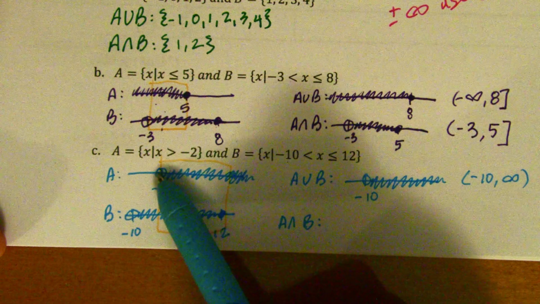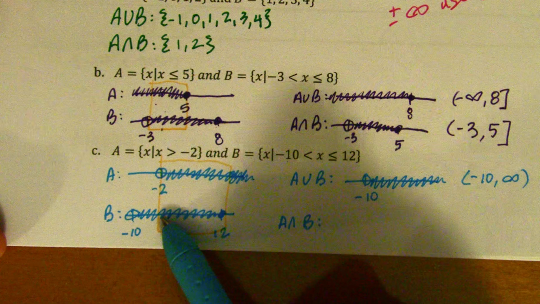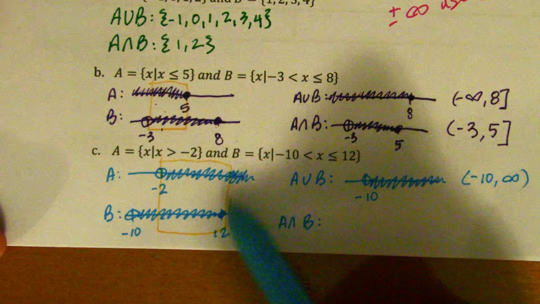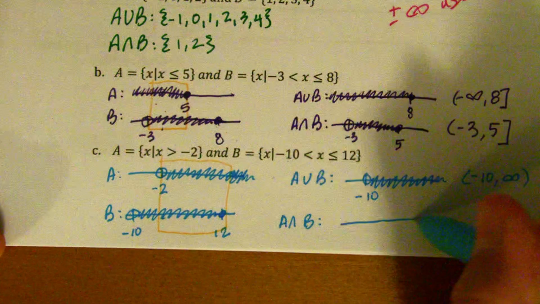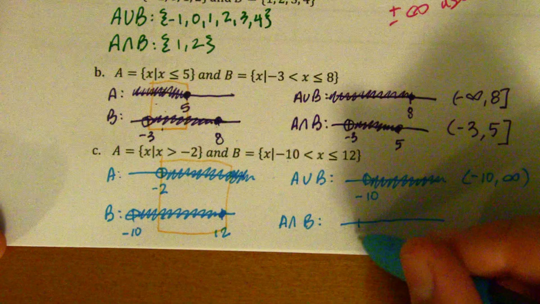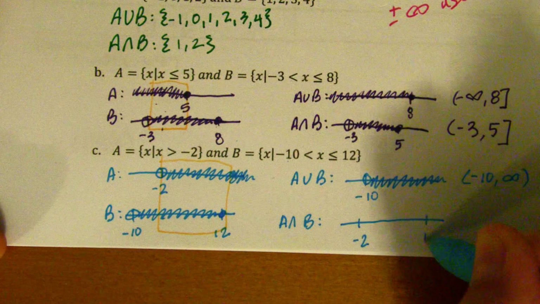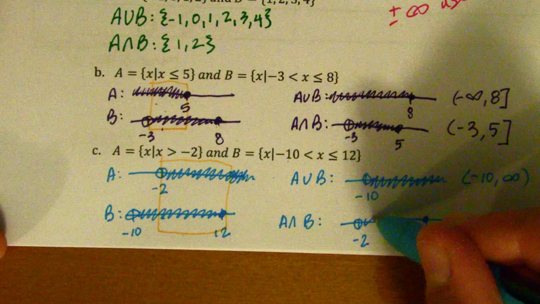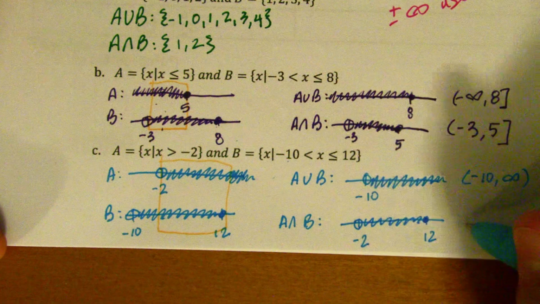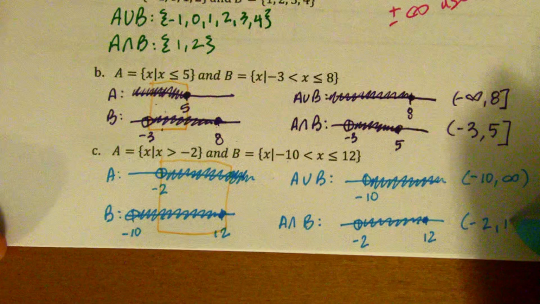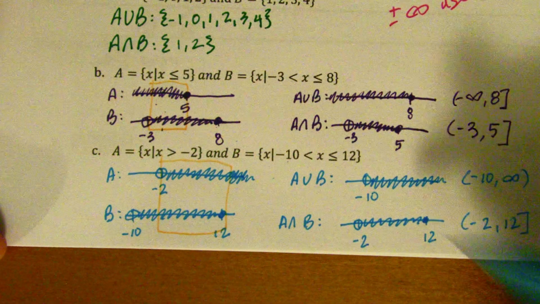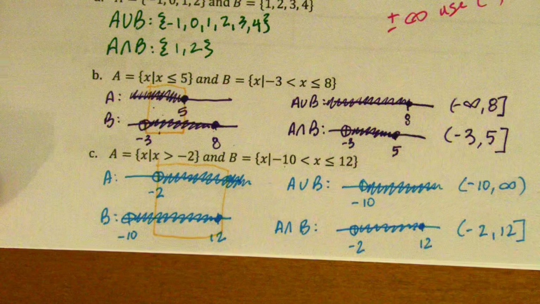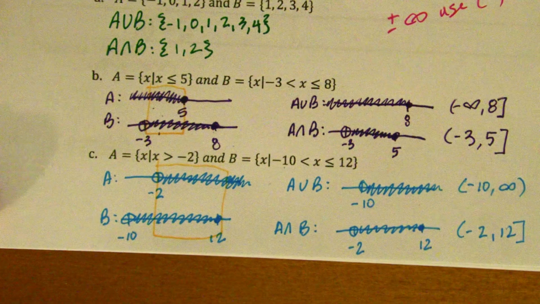It's not shaded at -2, so we would have an open dot there, but it is shaded at 12 on both of them. So from -2 to 12, closed dot, open dot, everywhere in between, -2 to 12, and a bracket on 12 is a closed dot. So that's the union and intersection of sets.